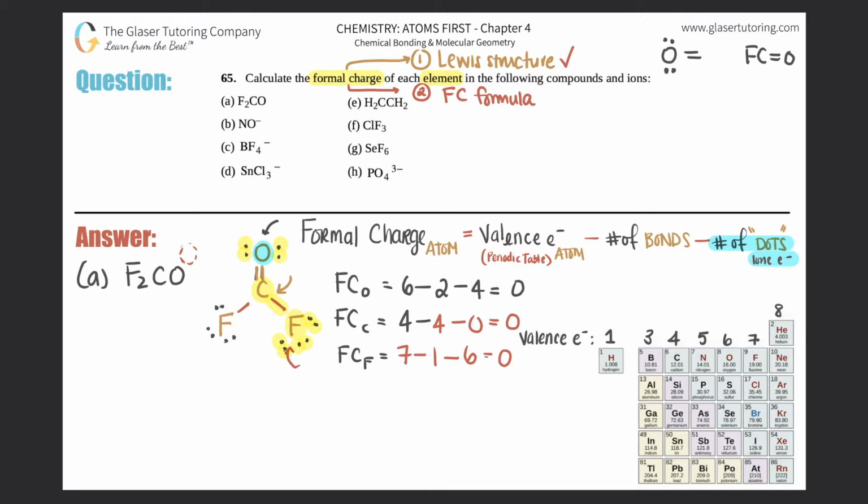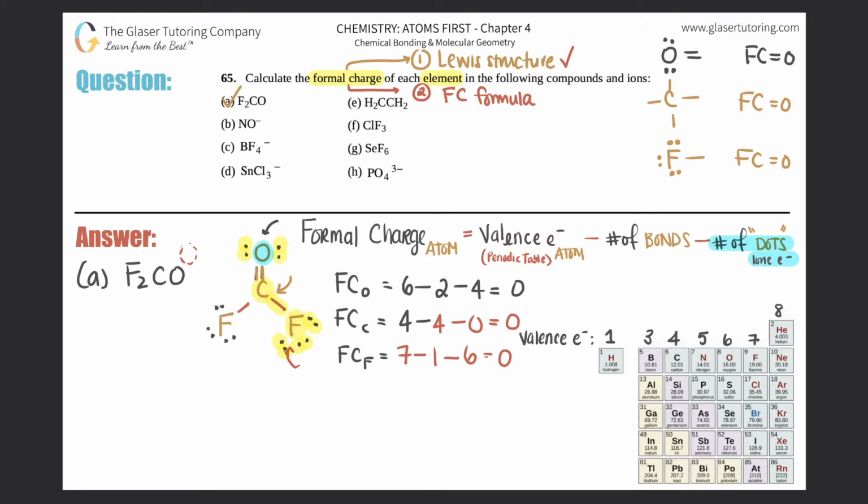Carbon is 4 bonds, 0 lone pairs. So I'm just going to put over here like this. Now, does it matter if it's a double bond and 2 single bonds? Absolutely not. It just has to have a total of 4 bonds and no lone pairs. The formal charge will be 0. And the same thing for fluorine. Fluorine with 1 bond and 3 lone pairs, like we've seen in this example, has a formal charge of 0. So we'll reference those if we need to.